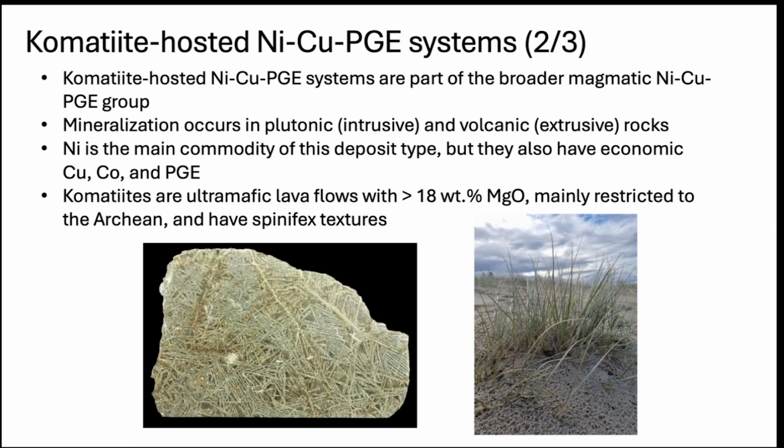So a true komatiite has spinifex textures, and it also has more than 18 weight percent MgO. So very magnesium rich, requiring very large degrees of partial melting of the mantle. And generally, it's true that they have really not occurred much after the Archean.